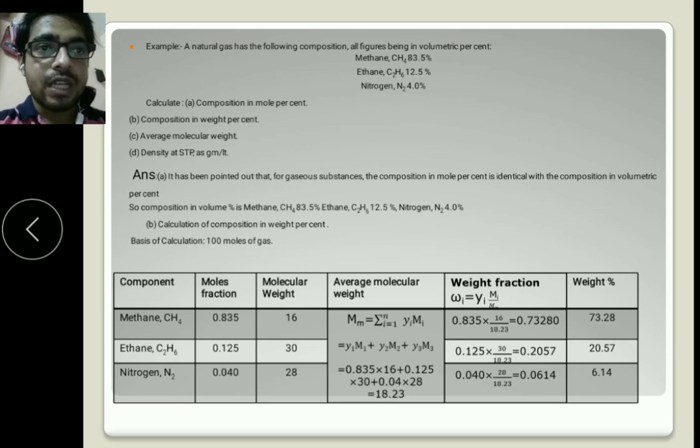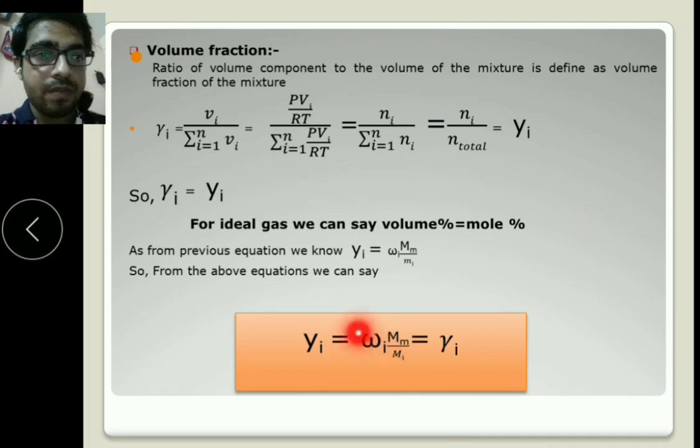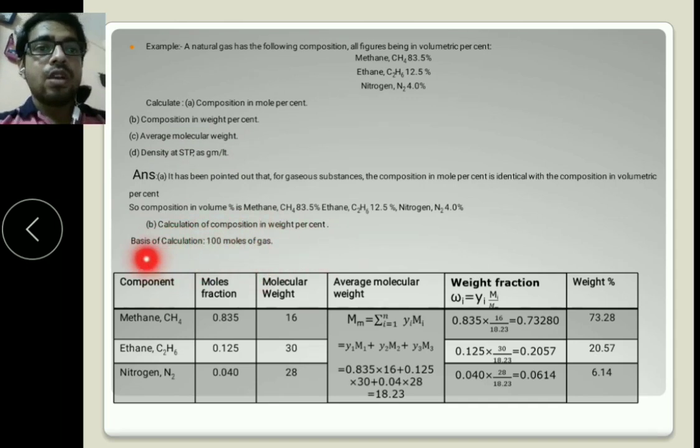Next, composition in weight percent. For that we have this formula. We have to calculate the average molecular weight, which is the answer of question C. For the calculation of weight percent, we have taken 100 moles of gas.